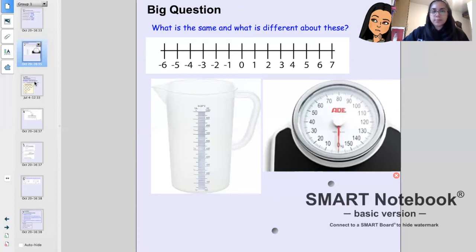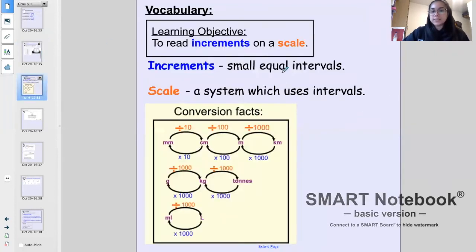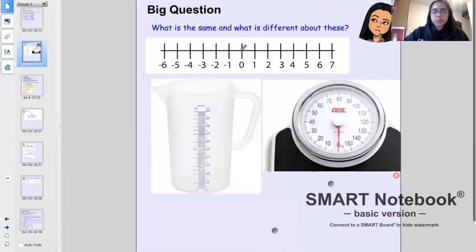Let's look at some vocabulary. So you probably heard me saying some of these words during the big question. And you definitely have seen these words in the learning objective, which is to read increments on a scale. So an increment is a small equivalent interval. So for example, on the number line, even though it's not measuring anything per se, it's going up in equal jumps.